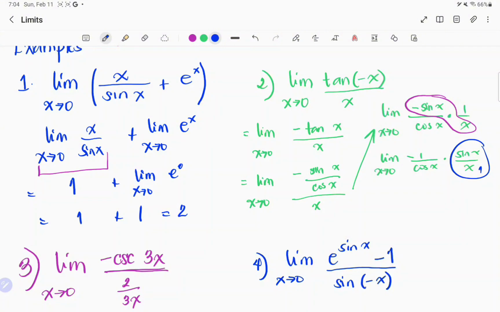Therefore, we can multiply this 1 to our negative 1 over cosine x, and it will still give us negative 1 over cosine x. Now, substituting the value of x as 0, it will become negative 1 over cosine 0. And cosine 0 is equal to 1. So we have negative 1 over 1, which is equal to negative 1.